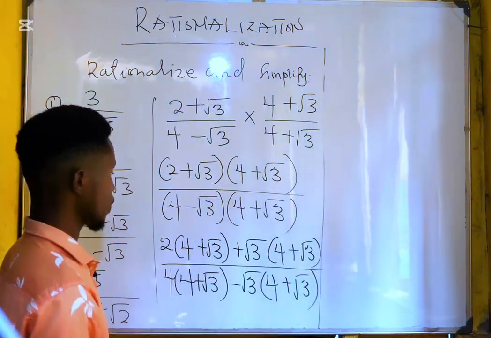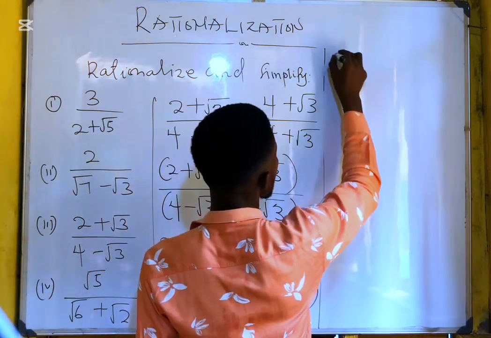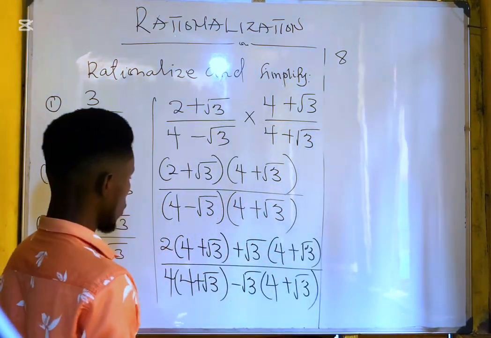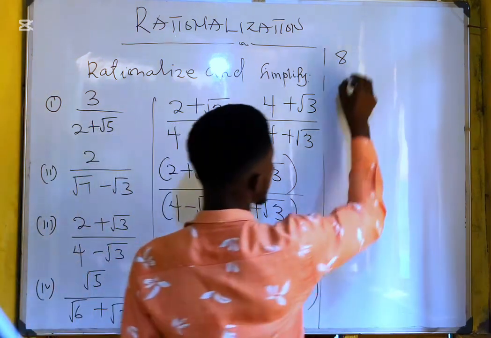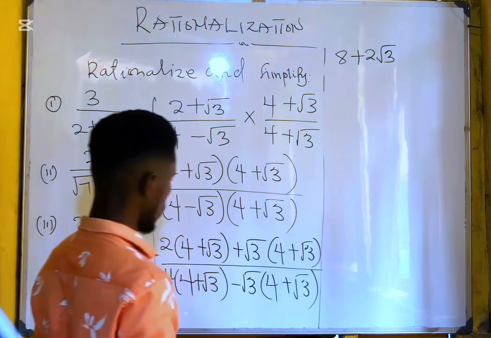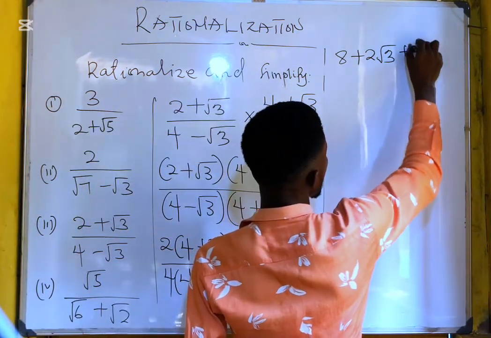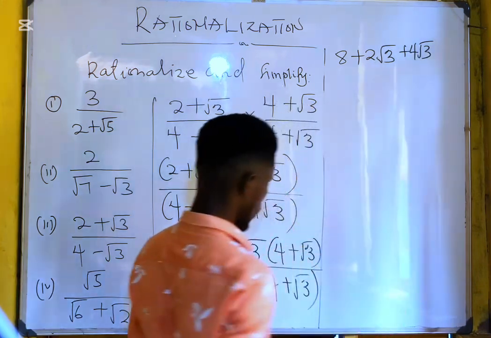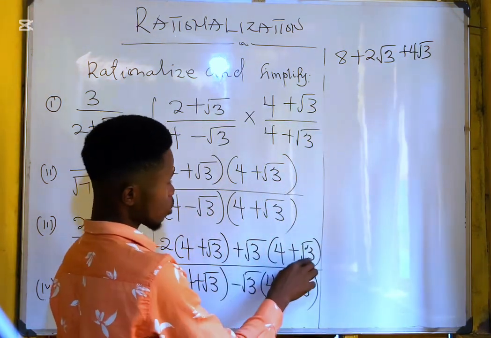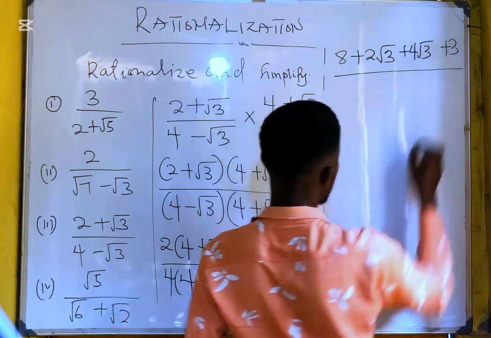So here, let's start the multiplication. 2 times 4 is 8. So I'll have 8 here. 2 times root 3 will be 2 root 3. Root 3 times 4 will be 4 root 3. Root 3 times root 3 will be 3. And I hope you know why, I've explained it a lot.